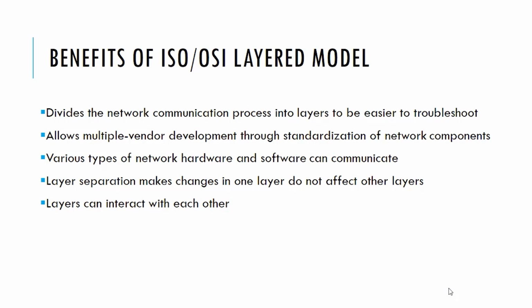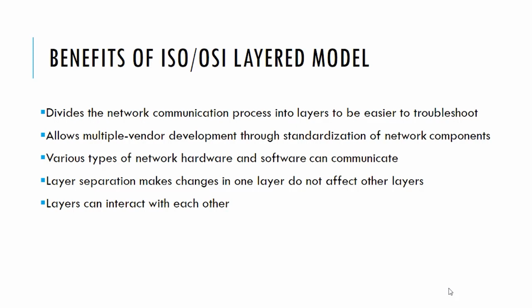Many vendors, giant companies, can build hardware or software components based on this ISO OSI model, and these components can interact and send and receive data to each other since they are based on the same model, the OSI model, the Open System Interconnection Model, designed by the ISO, International Standardization Organization.